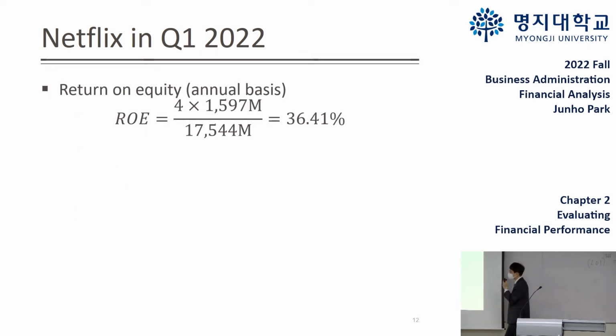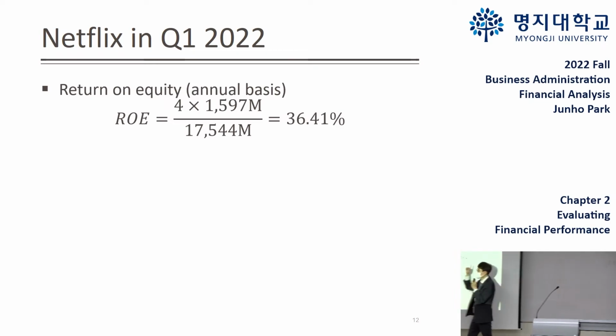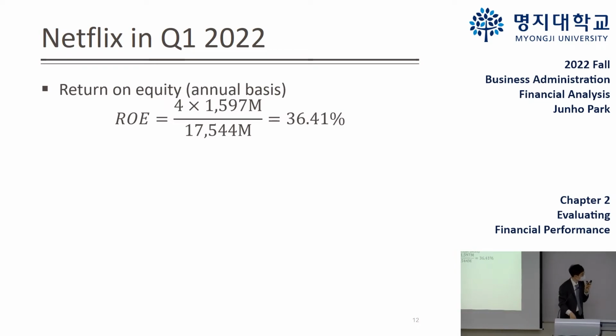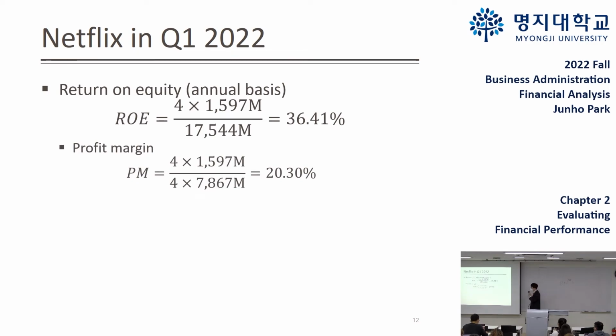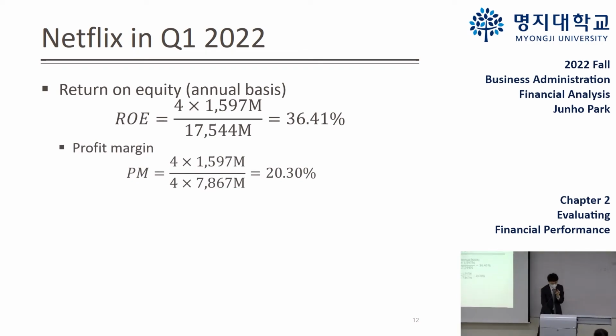So in the calculation of ROE, I multiplied 4 to the net income to get the ROE on an annual basis, and its ROE is very high, as much as 36%. And similarly, for the profit margin, it is 20%.